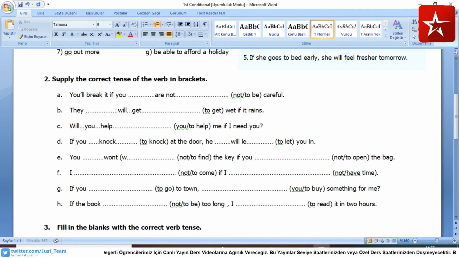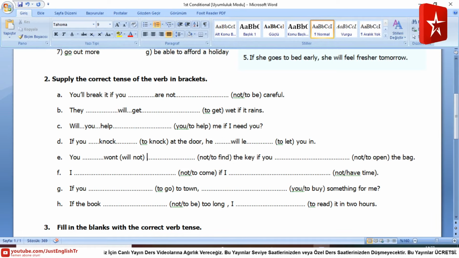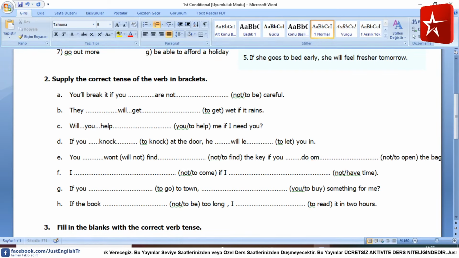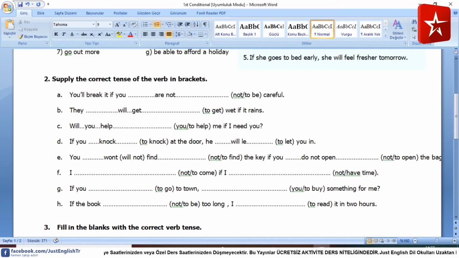It means will not. You won't find the key if you don't open.